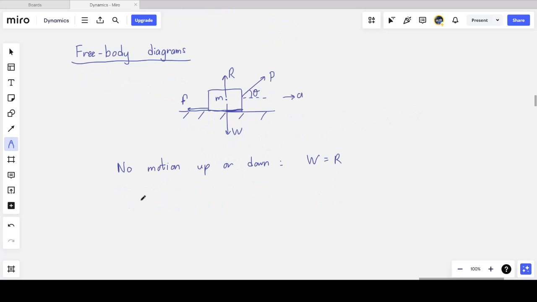But it is accelerating to the right. So there must be a net force acting to the right, because that's what Newton's second law says. Net force acting to the right, object accelerates to the right.